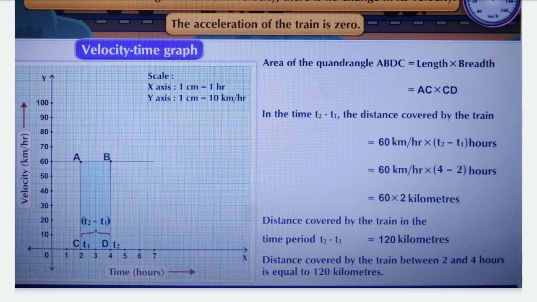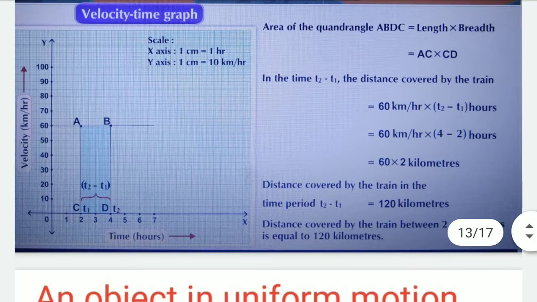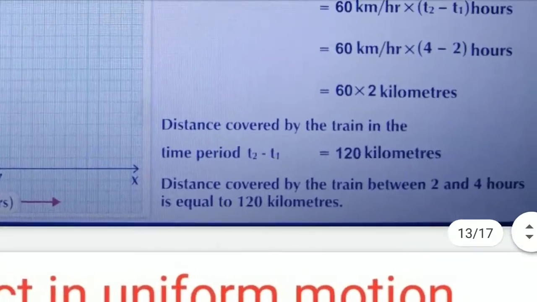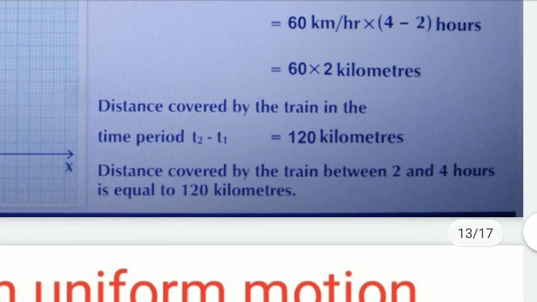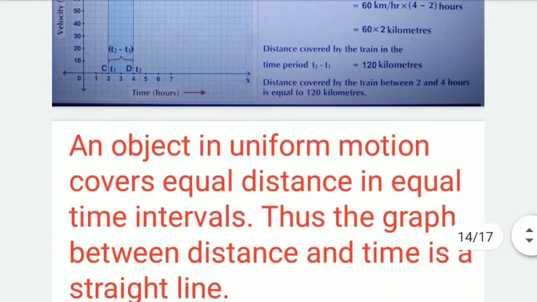And what is CD? It is on the x-axis, therefore it is T2 minus T1 hours, that is 4 minus 2, that is 2 hours, which gives the answer 120 kilometers. This is the distance covered by the train between 2 and 4 hours: 120 kilometers.